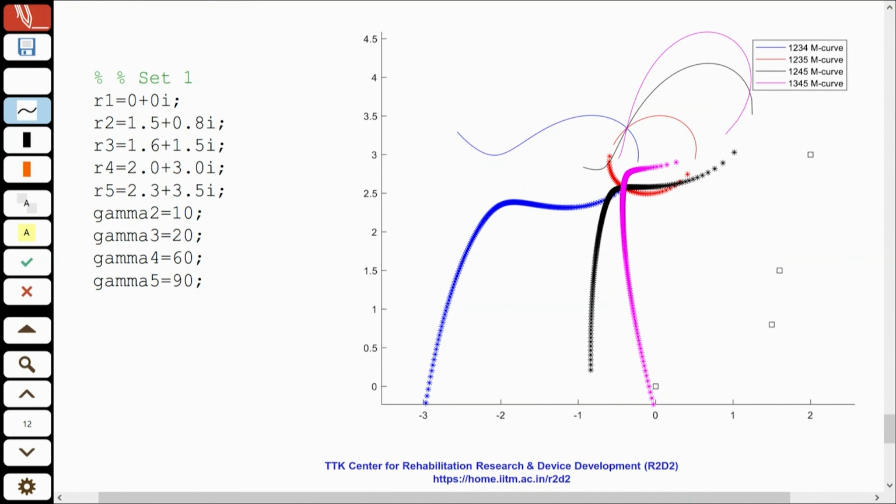So, this one shows the m curves in the two modes. You can plot the m curves for 4 positions at a time, and when you do that, if there are intersections, then those are potential solutions for the 5 position problem. So, that is one way to look at solving a 5 position problem.